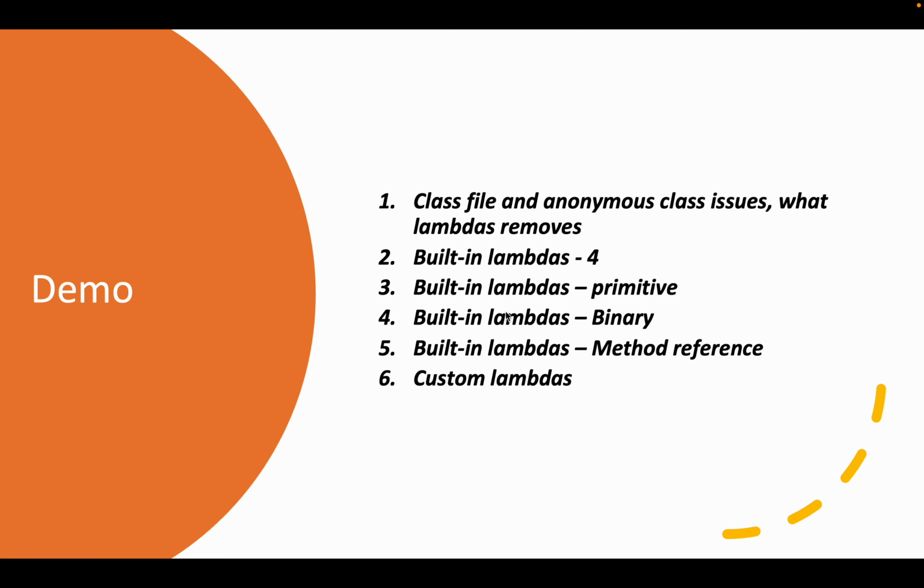We will also look at built-in lambda binary operators. We will also look at method references, our own custom ones, and we will also build our own custom lambda expressions.